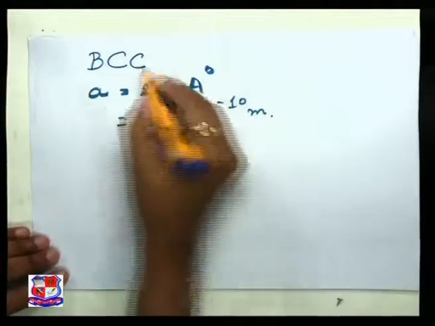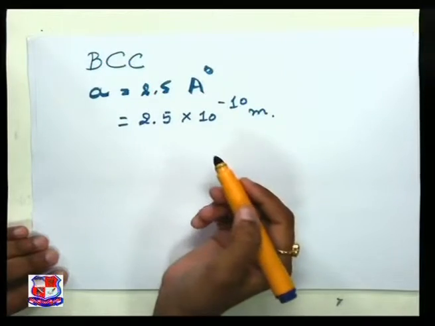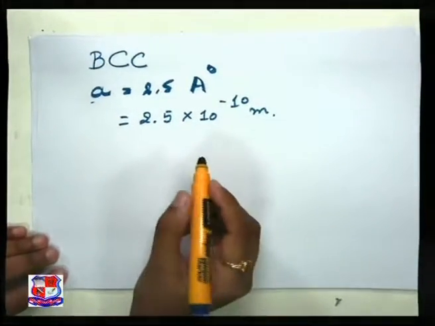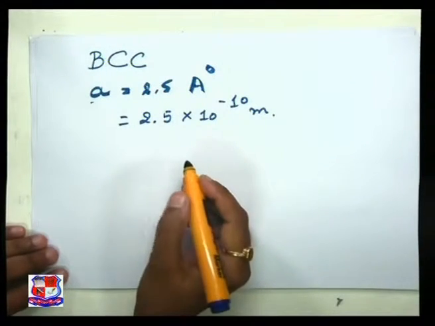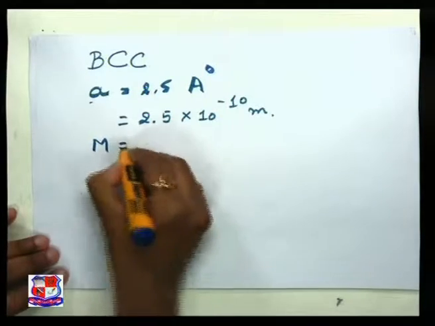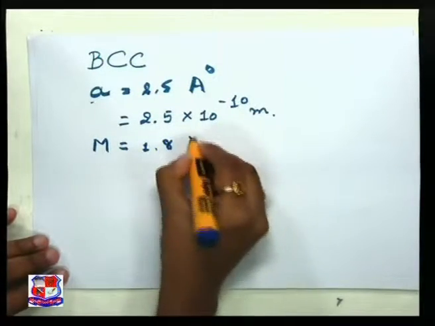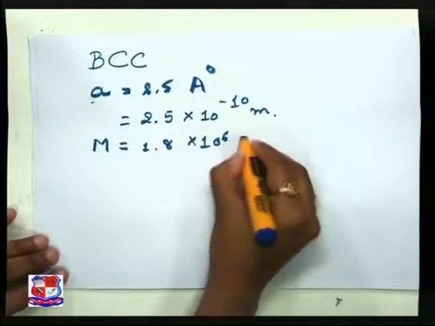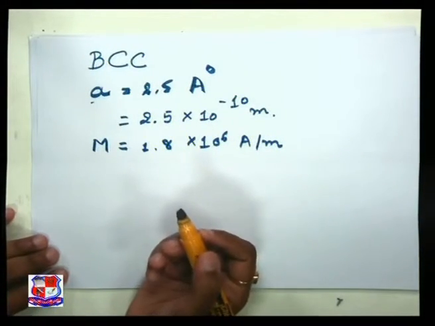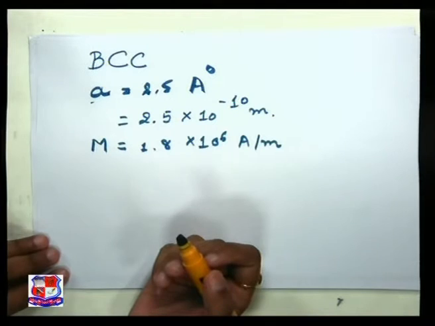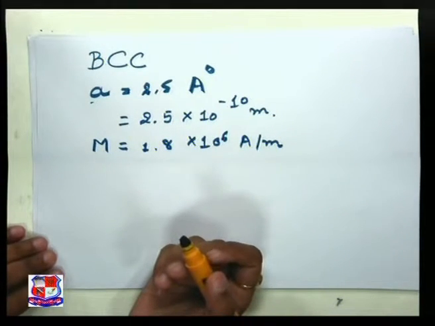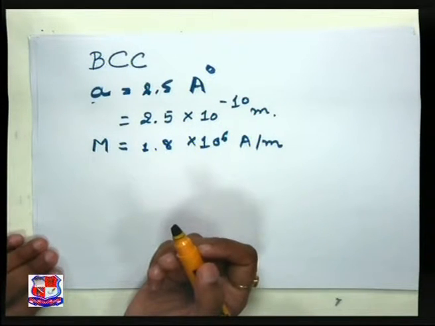Since it is a BCC structure, all three edges have the same value of 2.5 angstrom. We are given that the saturation value of the magnetization is 1.8 into 10 raised to 6 ampere per meter. Then we have to find the average magnetization contributed per atom.